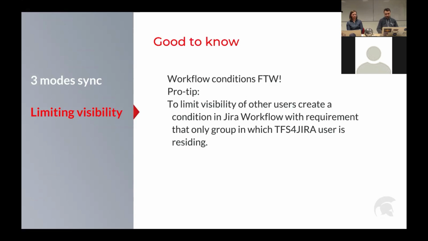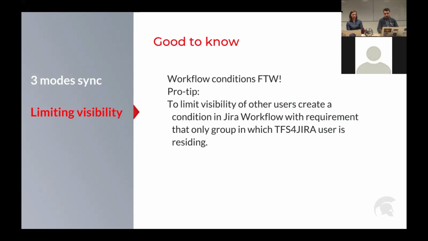How is this done? You create a separate group in which resides only the particular user that is used to synchronize between issue trackers. That's why I mentioned a separate completing user. Then in a workflow condition, from this all to a particular status, you give it a condition to show only to those that are in the group.